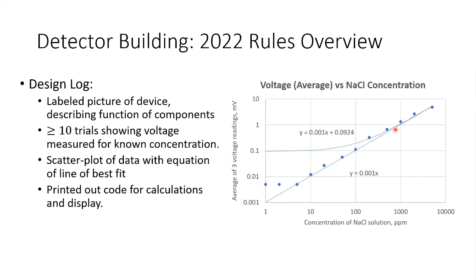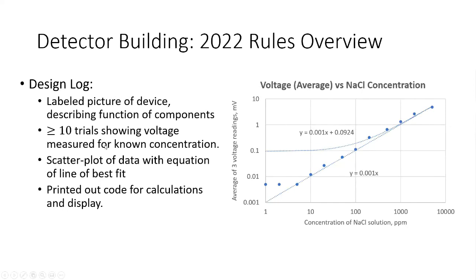And so then, since you've already gathered the data for known concentrations, you'll go down and find that it's roughly 800-ish parts per million or something like that. And in the process of gathering data, you can use statistics to create a formula for going backwards from the voltage to the concentration. And this is called the regression equation.